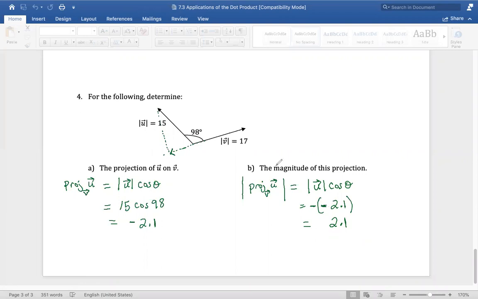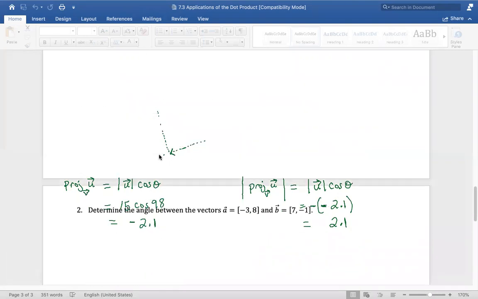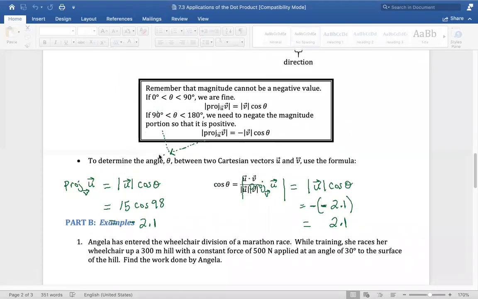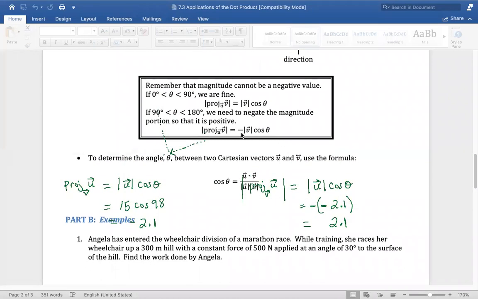And that's all that box is saying here. If you come up to the top, I have to negate the magnitude portion, right? And add another negative in order to turn the magnitude length positive.